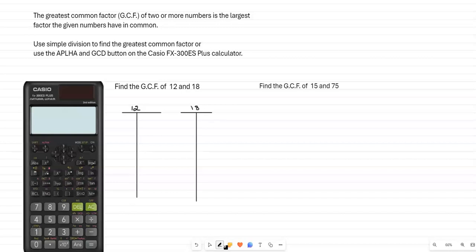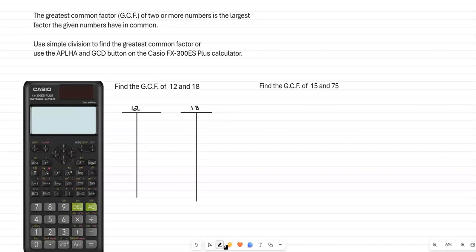So to find the GCF of 12 and 18, we previously discussed how a student can use simple division to find all the factors of a number. So we're going to do that with 12 and 18. Again, this demonstration is mostly for those who feel a bit challenged when it comes to mental division and multiplication.